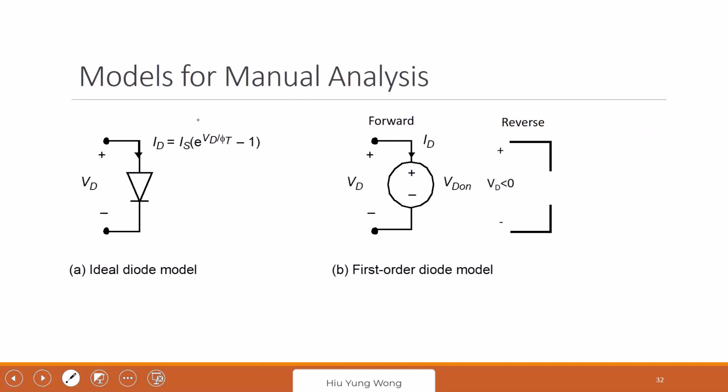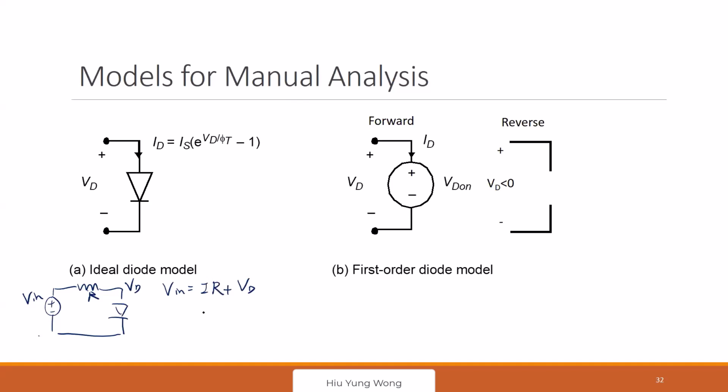Now, how do we model the diode? Of course, you can solve the equation, but it becomes very complicated. For example, take a very simple circuit. If I call this VD, and this is R, then to solve this circuit I need KCL: Vin equals IR plus VD.